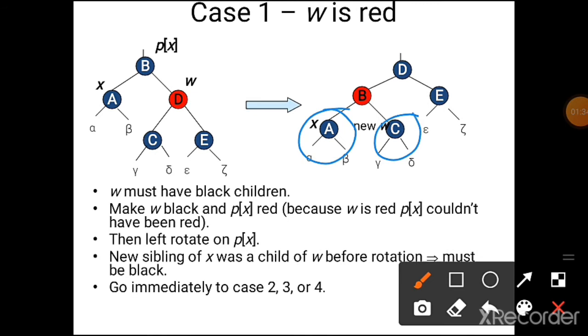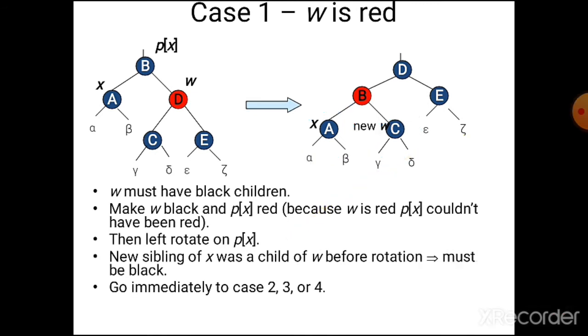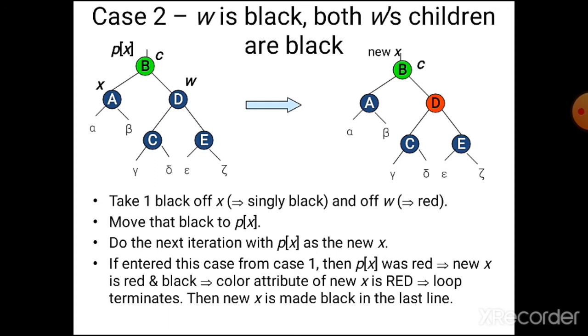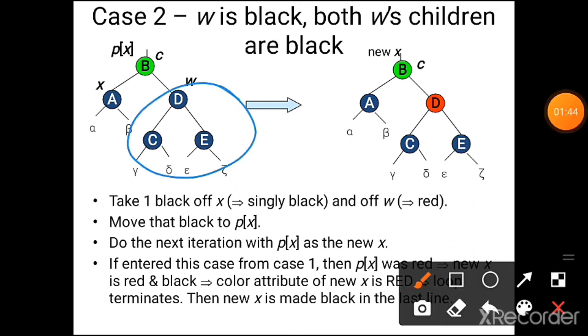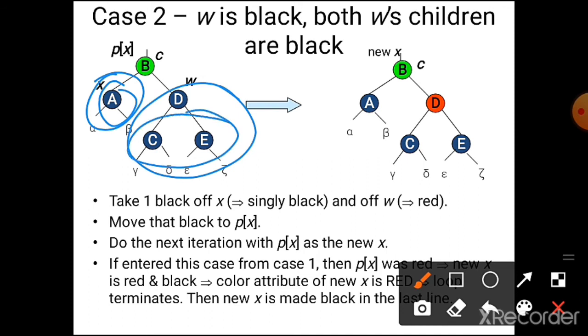The sibling is black, and both of its children are black. If this is the case, X is a doubly black node, its parent is red, W is a black node and its children are also black. So we take one black off from this X.